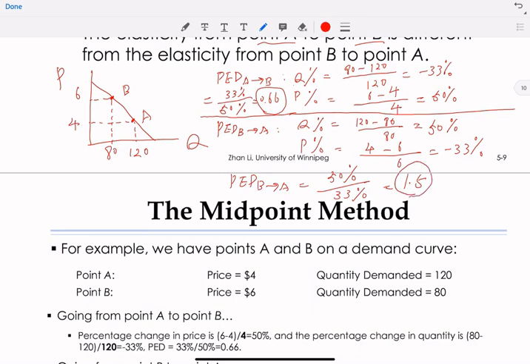Why do you get different numbers? Well, it's really because if you start from point A, then you would use A as the base when you're calculating the percentage change. And if you're starting from point B, you would use point B as the base. So if you have a different base in calculating changes, then you will get different numbers.